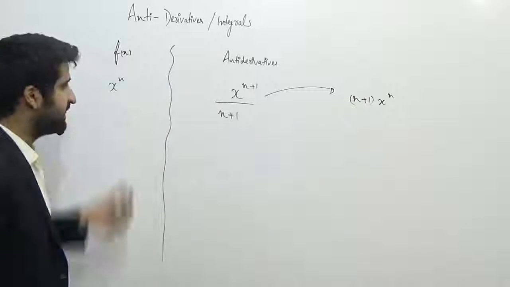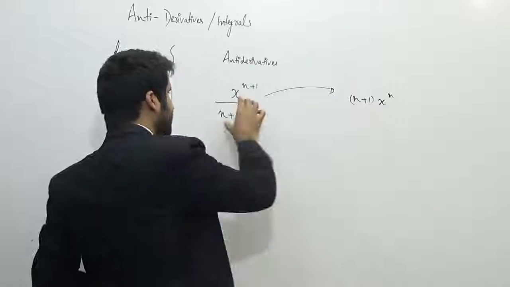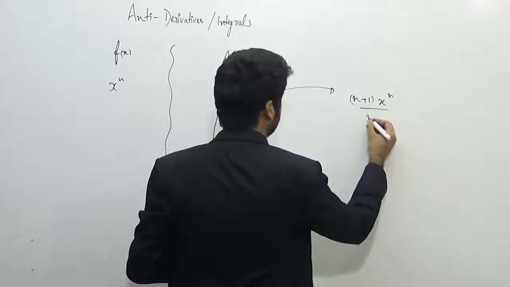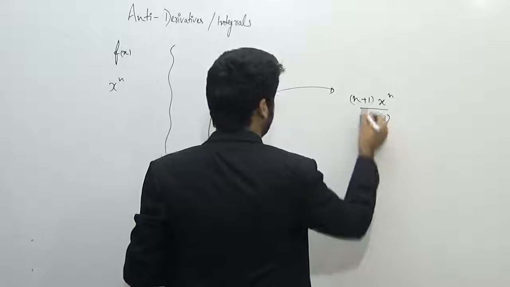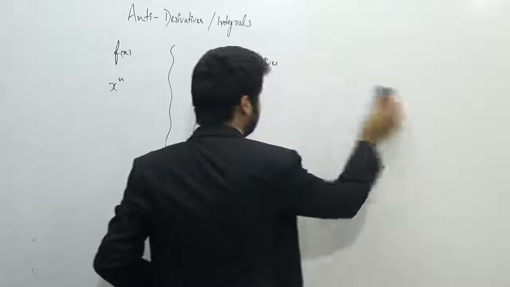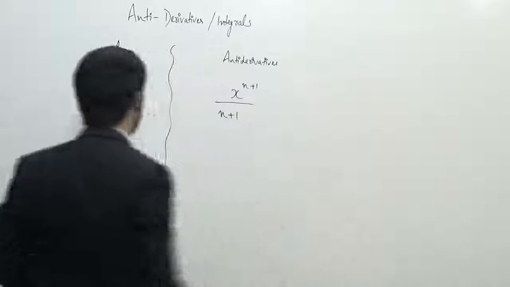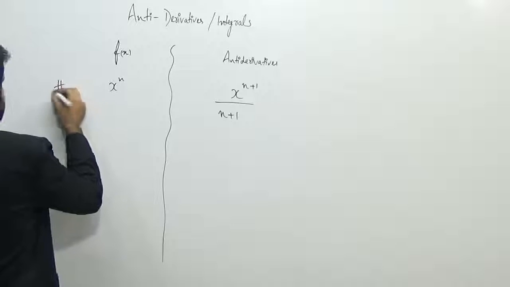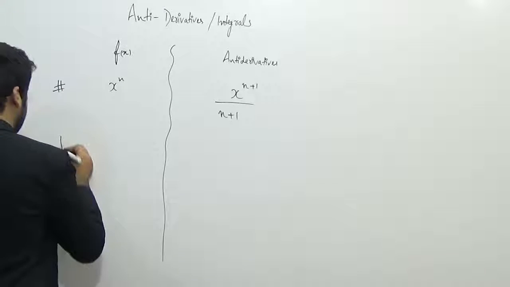But I want x to the power n, therefore if I divide this by n plus 1, I will get the differentiation n plus 1 times x to the power n divided by n plus 1, which is x to the power n only. So therefore we can say that the antiderivative of x to the power n is equal to x to the power n plus 1 divided by n plus 1.